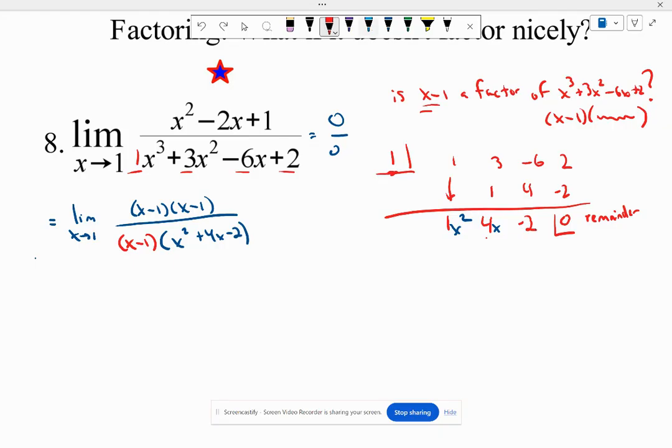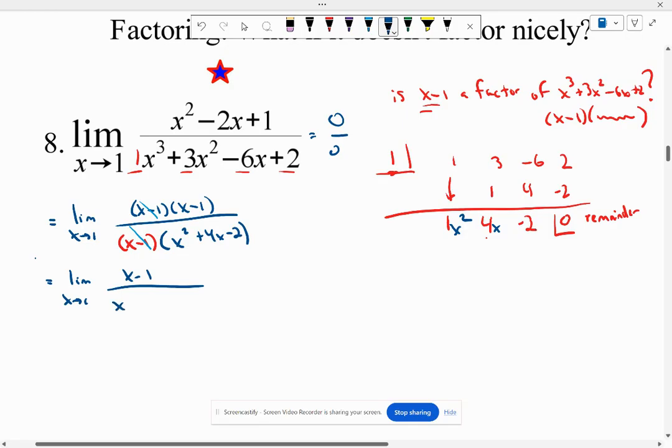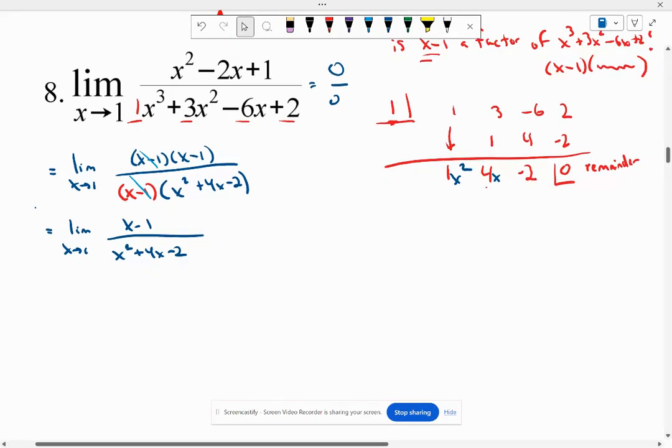Now that we have these x minus 1s dividing out, that leaves me with the limit as x approaches 1 of x minus 1 over x squared plus 4x minus 2. Now if we plug in 1, I get 1 minus 1 over 1 plus 4 minus 2, which is 0 over 3. 0 divided by 3 is 0.